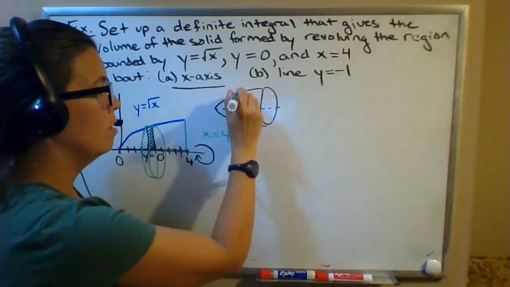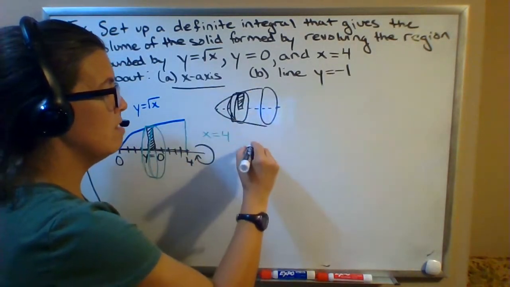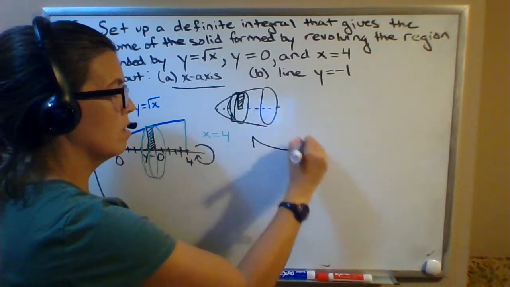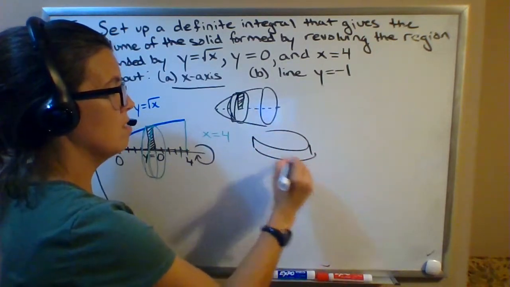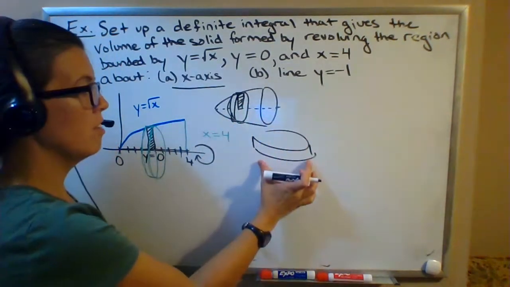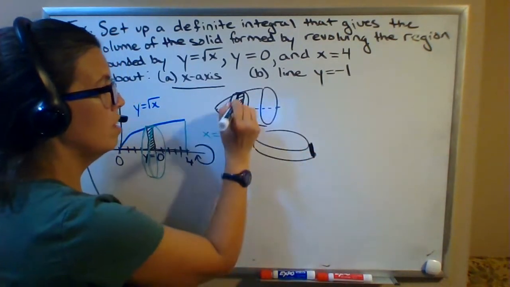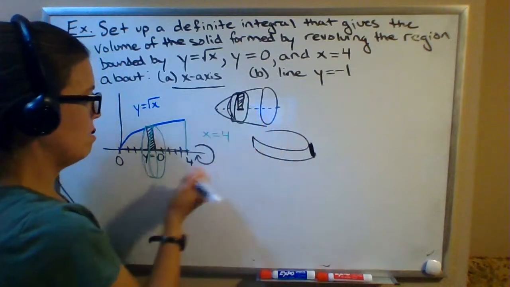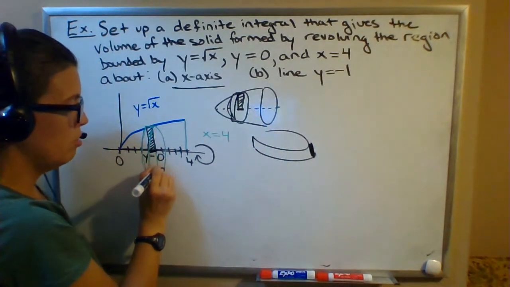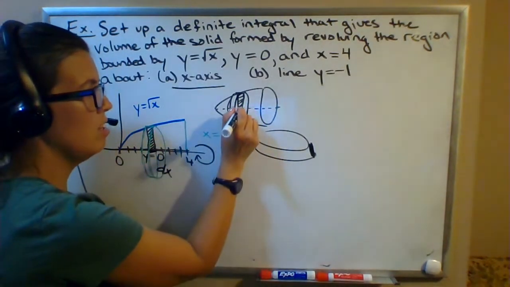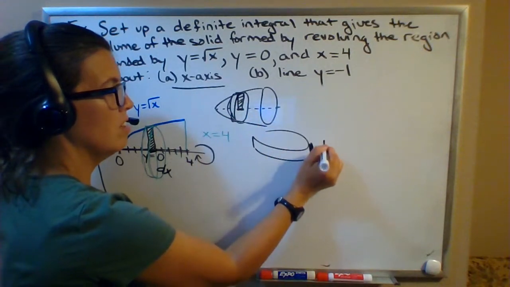Now, the volume of one of these discs, if you pick this disc up, set it on the table in front of you, it looks like this. So the height of the disc is the width of the rectangle here, which we call dx. So this thin width of the disc is dx.